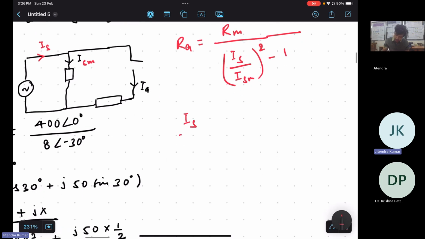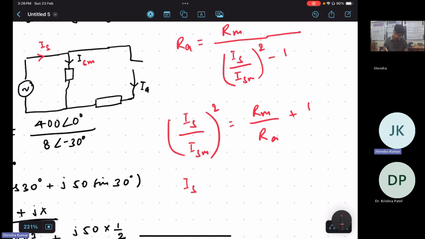So let us see. IS upon ISM square equal to RM by RA plus... IS square equal to ISM square plus ISM square RM by RA.